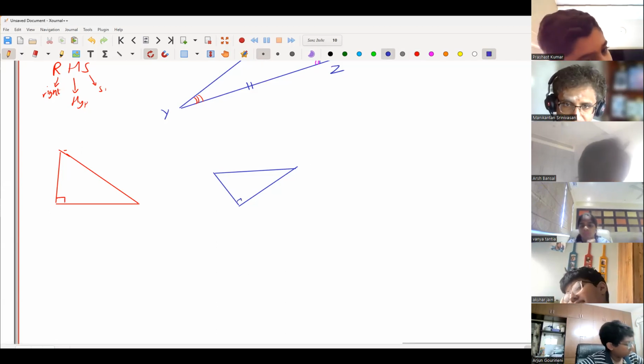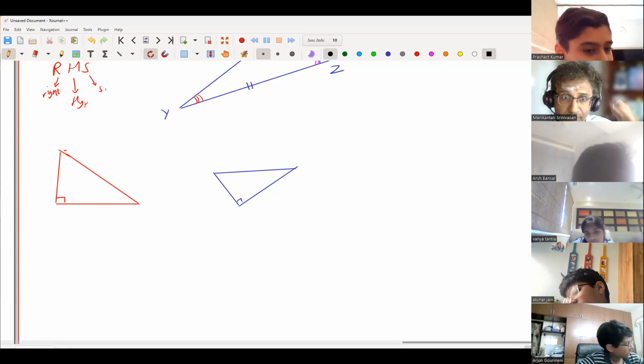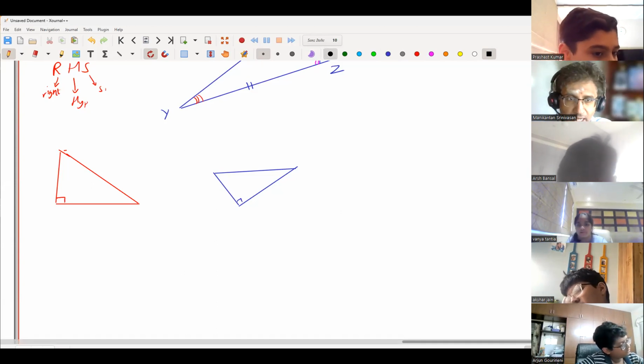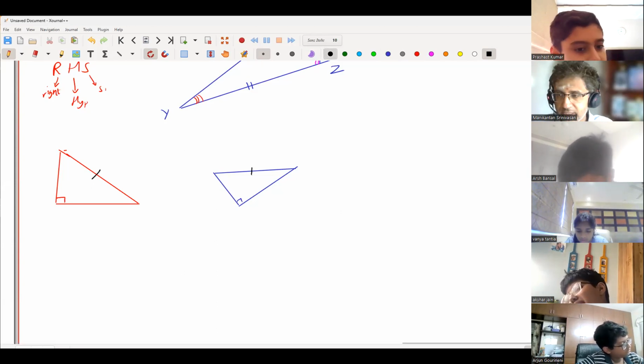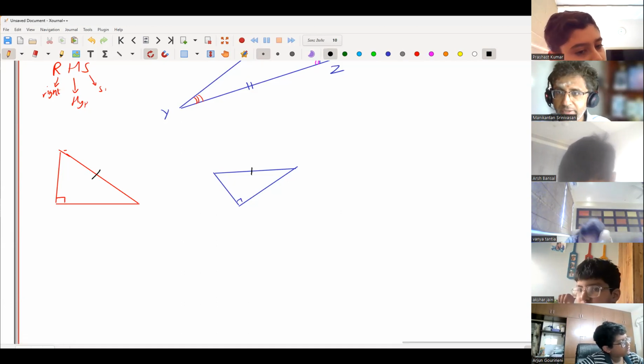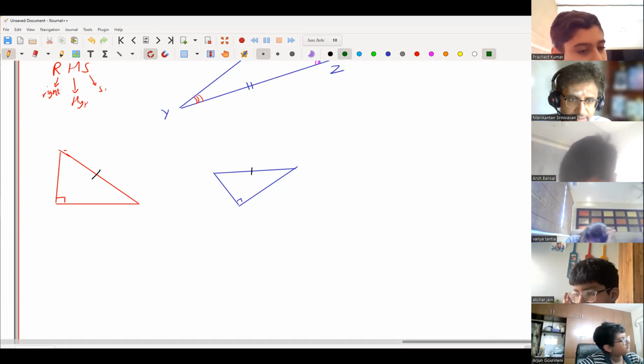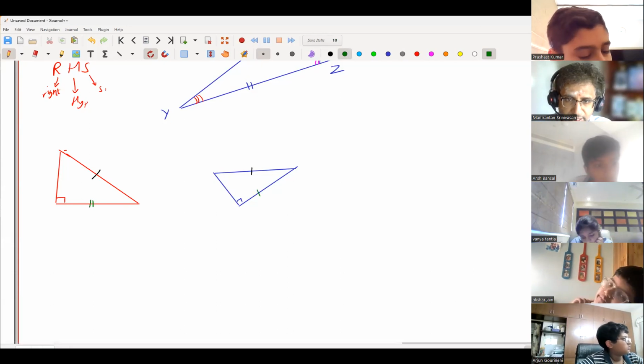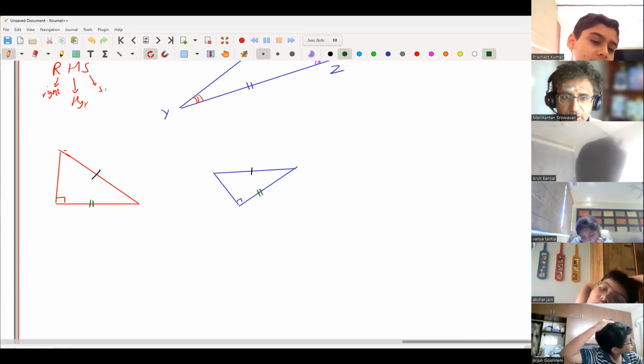This is also given to be 90. That's the R. Second information that's given, because this is a right angle triangle, there's a hypotenuse. This hypotenuse is matching with this hypotenuse. And the third information that's given is any one side of the remaining sides. So I'd say this side is equal to this side. Then these two triangles are congruent.